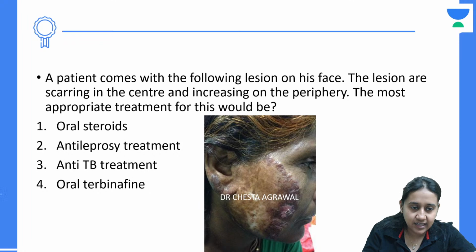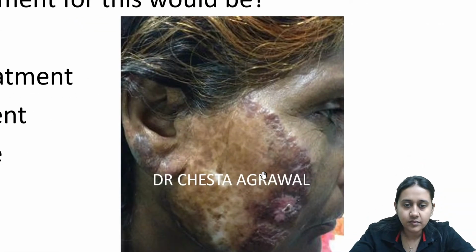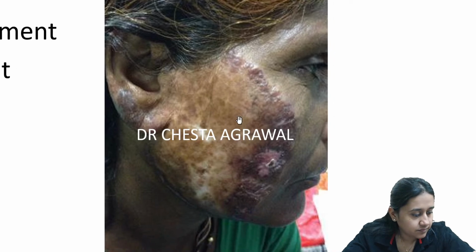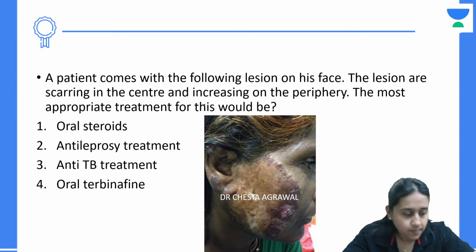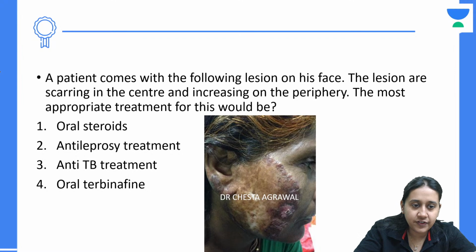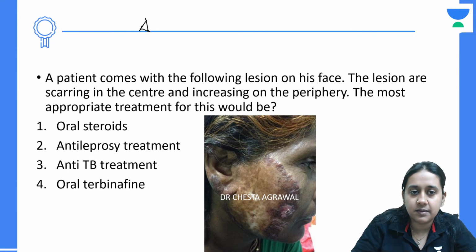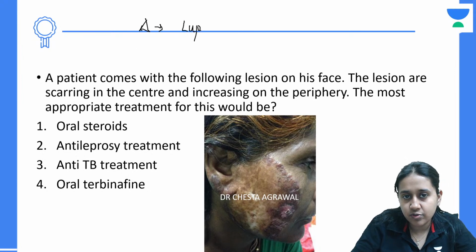Now look at the image. I think I've shown this in the past as well. A plaque with atrophy of the center. Whenever you see atrophy, the diagnosis becomes cutaneous tuberculosis.